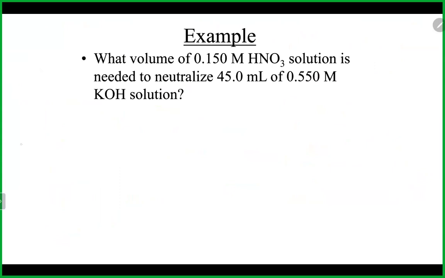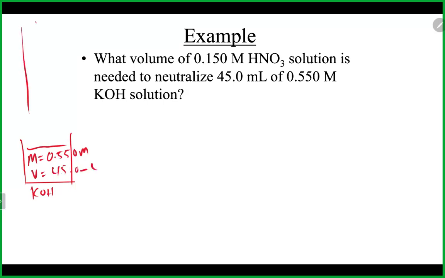If we drew a picture of a titration you could do for this, you would have the KOH, potassium hydroxide, on the bottom, and you know everything about it. The molarity is 0.55 molar, and the volume you're starting with is 45 milliliters.